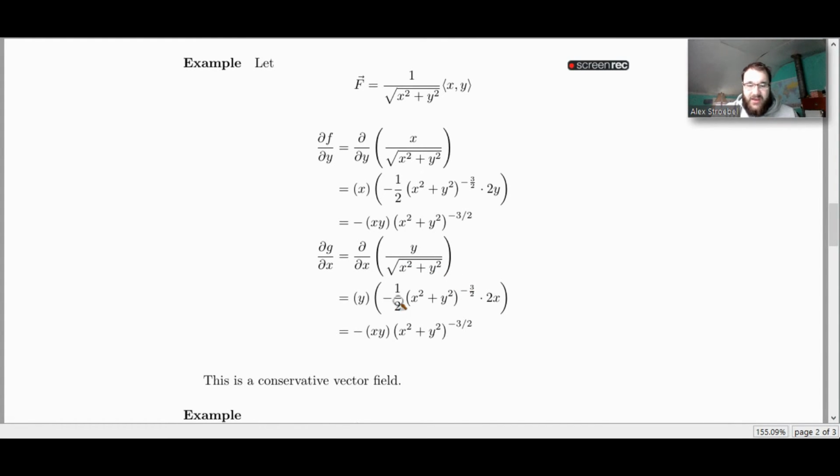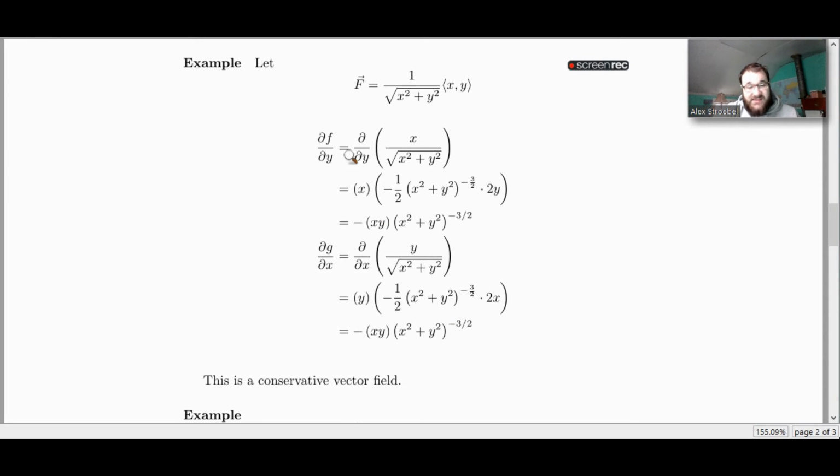Then we subtract 1 from it, we get negative 3/2. Take the derivative of the inside. The derivative of the y squared is 0 because we're taking it with respect to x. The derivative of the x squared gives you 2x. 2 times 1/2 is 1. Pull the negative out, combine the y and the x, and you end up with this.